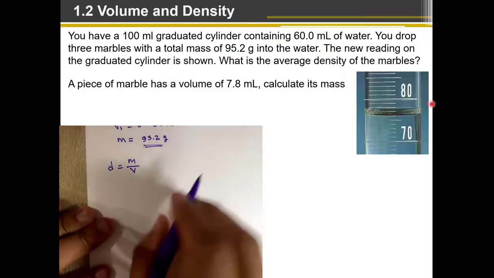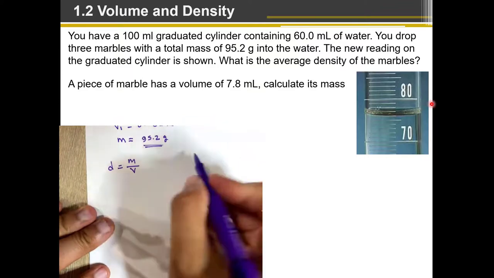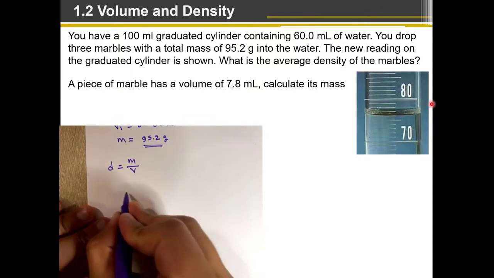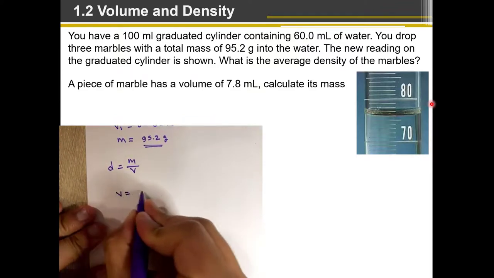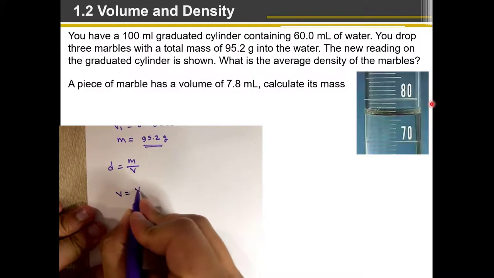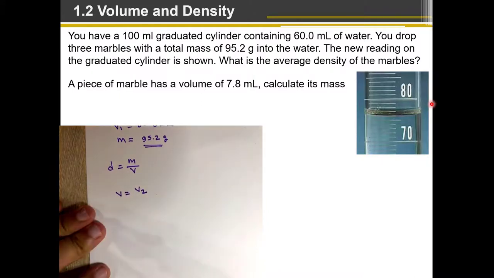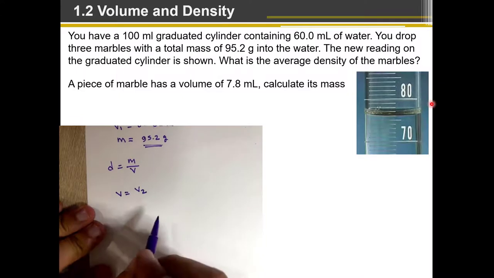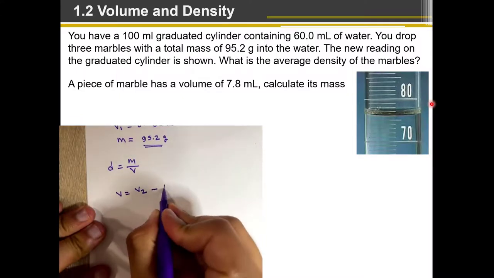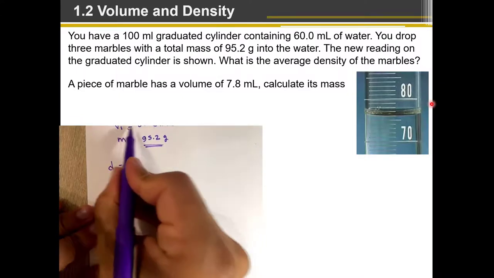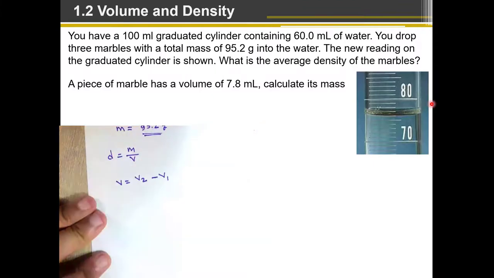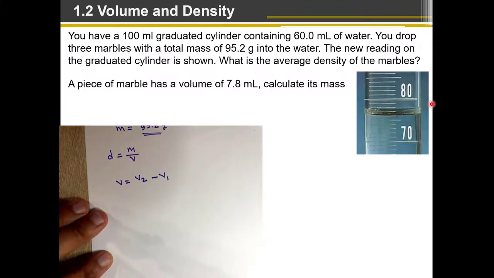The volume is going to equal the final volume of the water after the marbles were added, minus the initial volume that is given right here. So we have to read the final volume from the picture in front of us.